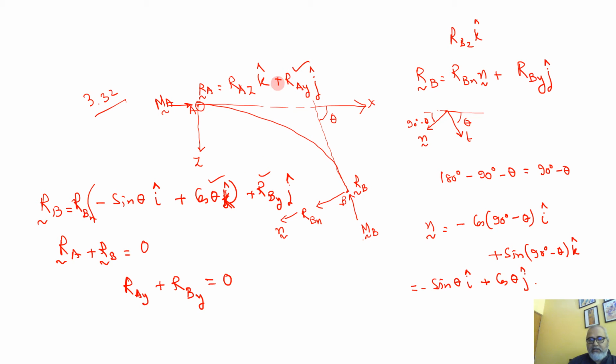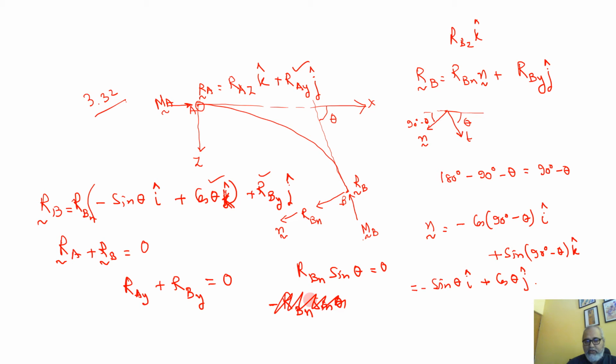Let's take the i components. The i component is only one. So RBN sine theta is equal to 0. And then let's take the k components. No, sorry.